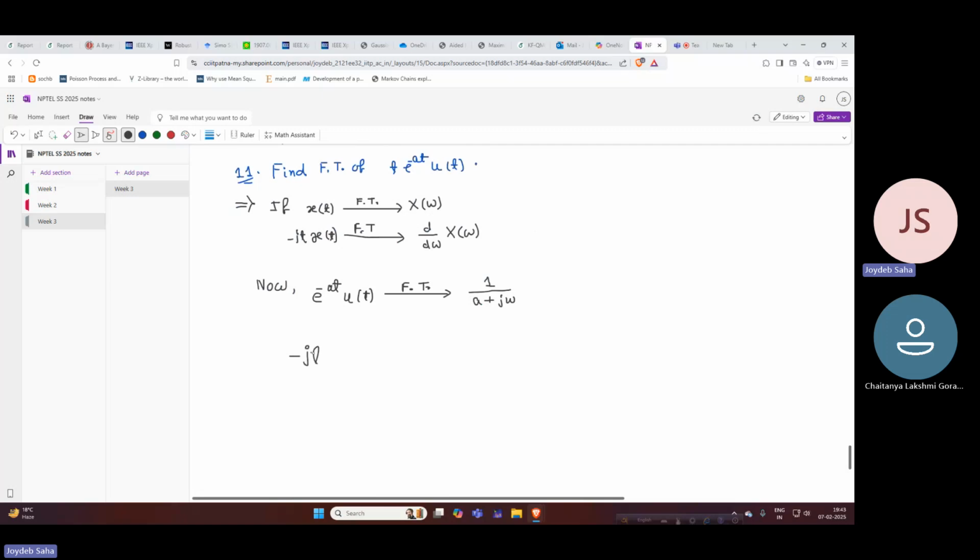Okay. So now if we write minus j into t multiplied with x(t), that means e to the power minus at u(t), its Fourier transform is simple.